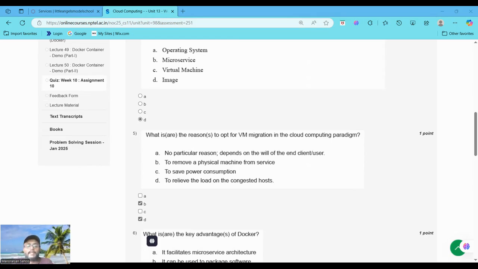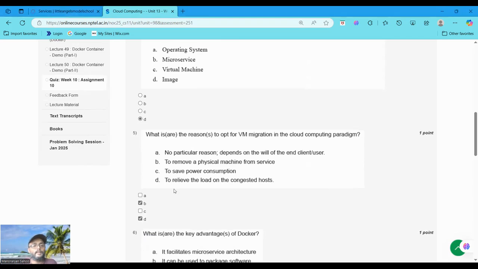It is driven by technical or economic needs, that is load, power, and hardware. One thing I would like to say, B and D options are primary reasons. C, power saving, is also valid in cloud environments. So the answer will be B and D.